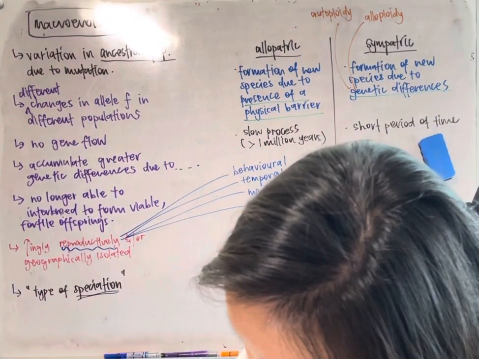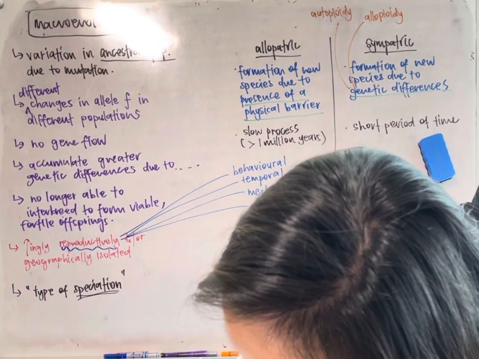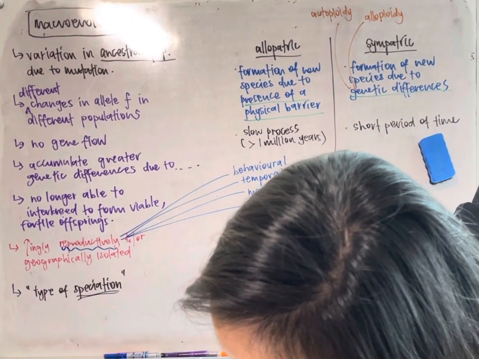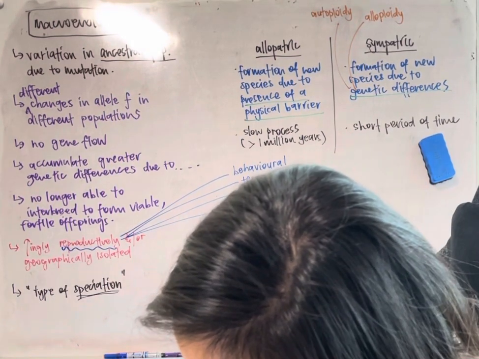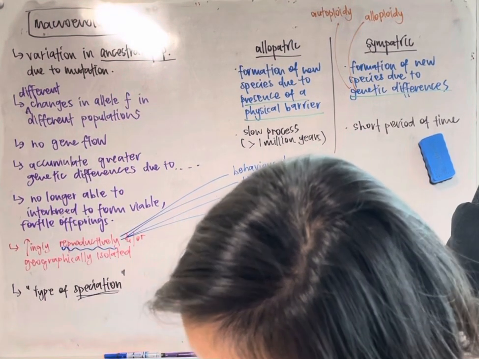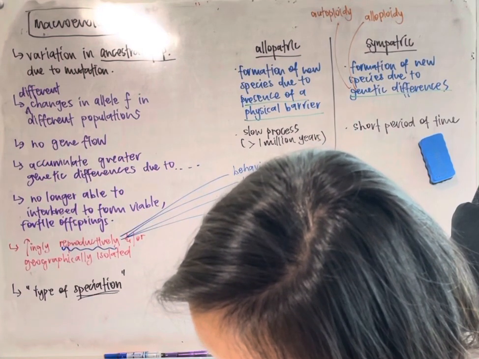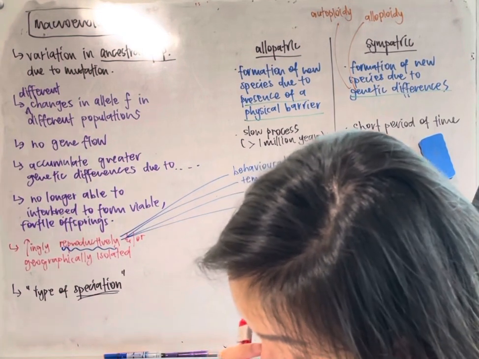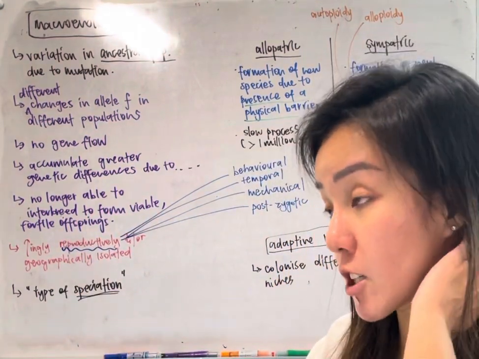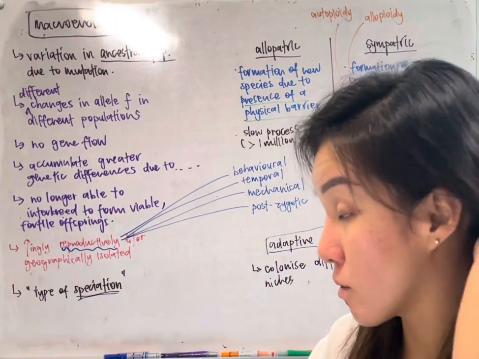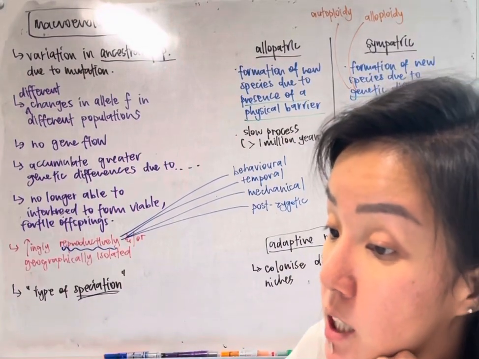Next one, adaptive radiation. There is variation in ancestral population, and then they colonize different ecological niches. There's different changes in the allele frequency in different populations. Why did you never talk about natural selection? This is still natural selection. I say macro, they always have to talk about natural selection one way or another.